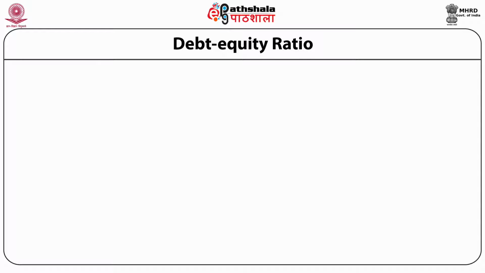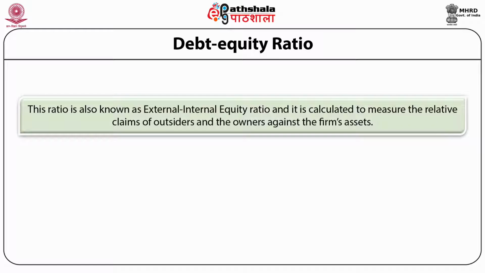First is debt equity ratio. Debt equity ratio is also known as external internal equity ratio, and it is calculated to measure the relative claims of outsiders and the owners against the firm's assets.